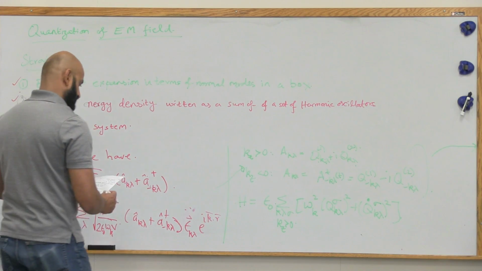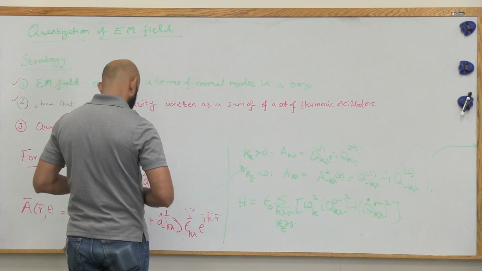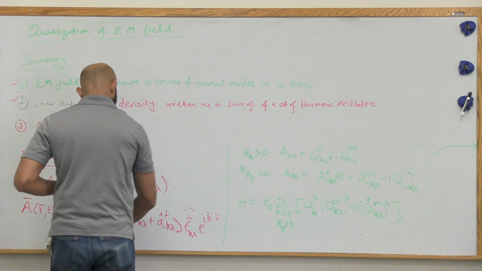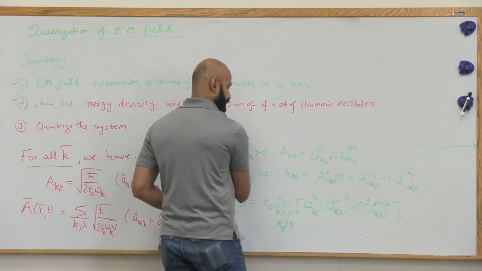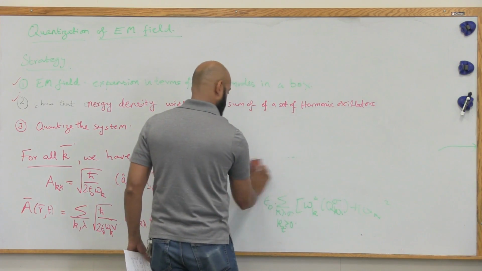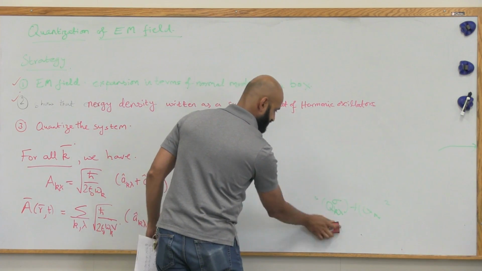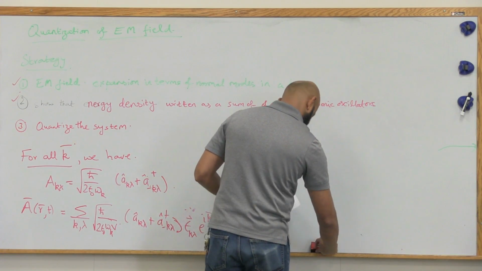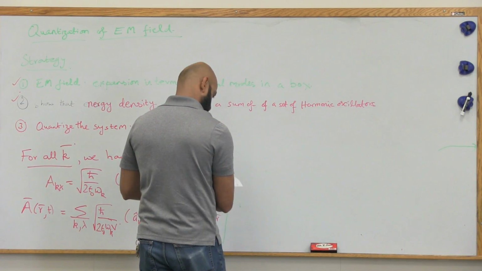You should also check that, given the commutation relations that we derived earlier for the b lambdas, for the b alphas if you like, the A_kλ now satisfy the same types of relations.